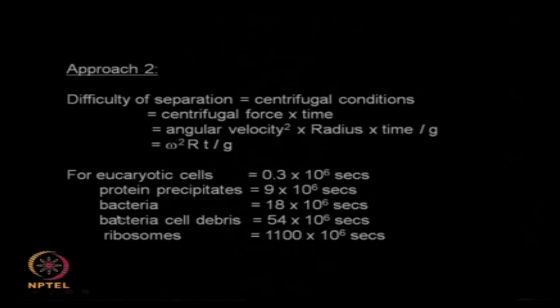Type of material means it could be bacterial, or eukaryotic cells, or protein, or cell debris, or ribosome. So I can estimate this particular term omega square RT by G in my lab.